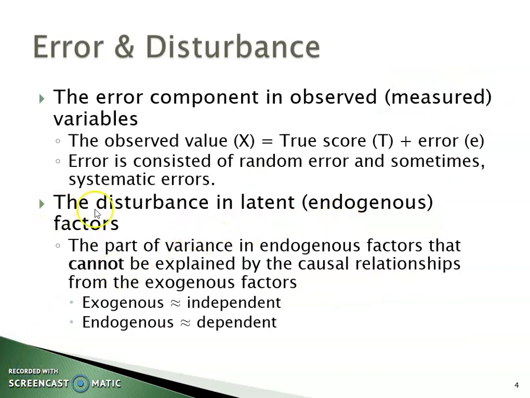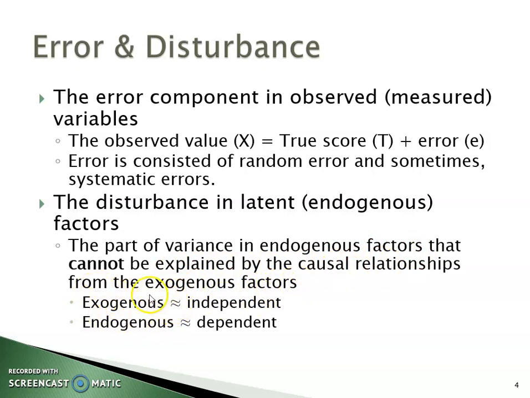Similarly, for latent factors, there is an unexplained variance that is called disturbance in SEM. We are going to explain this in more detail in the future, but right now the information I can give you is that the disturbance is the part of variance in endogenous factors that cannot be explained by the exogenous factors.